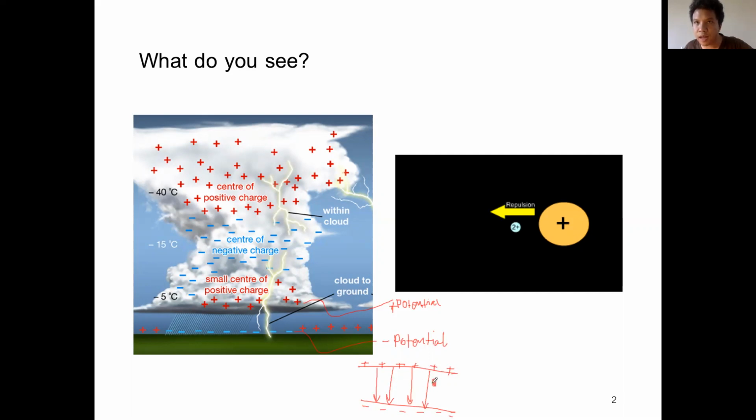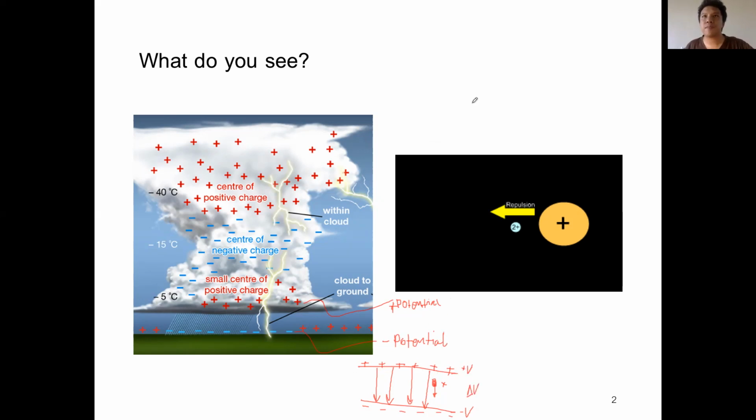If I put a positive charge within this electric field, there is going to be a force dragging this positive charge down, and there will be some electric current. But from the perspective of this lecture, the positively charged plate and negatively charged plate have positive potential and negative potential, and the delta V is the potential difference.